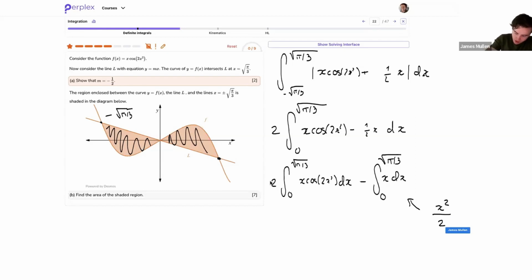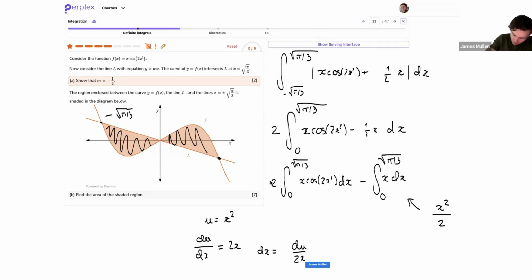I'm going to use the substitution u is equal to x squared because I have x outside, which is almost the derivative of x squared. So du by dx is equal to 2x, or in other words, dx is equal to du over 2x.